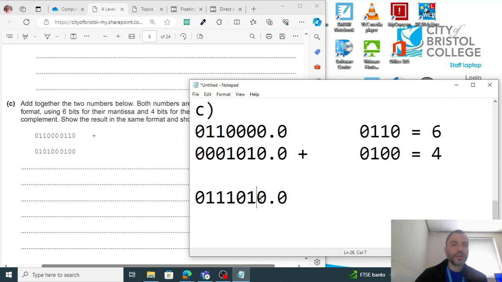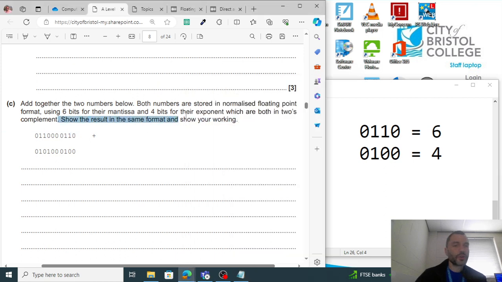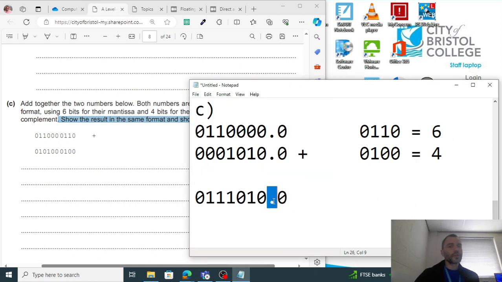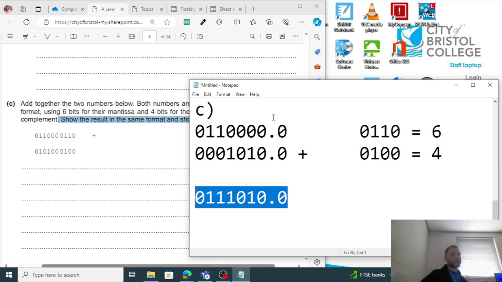But they have said show the result in the same format and show your working, right? So how would I go about normalizing this number that we've just added up, Jacob? What have I got to do to that decimal point?